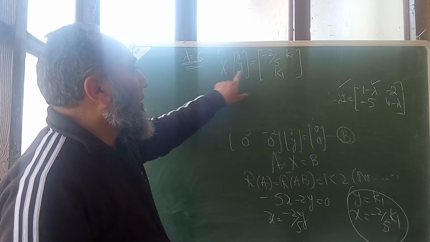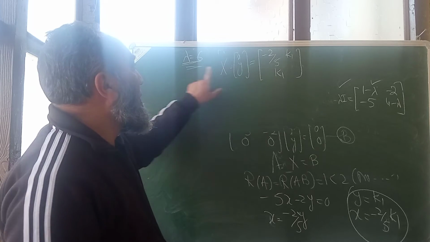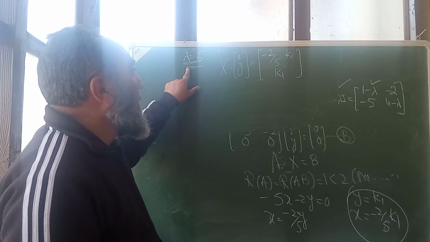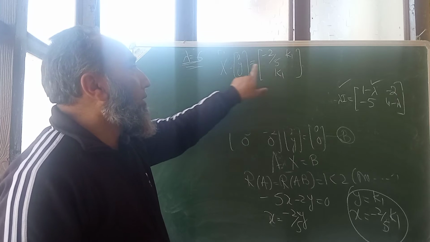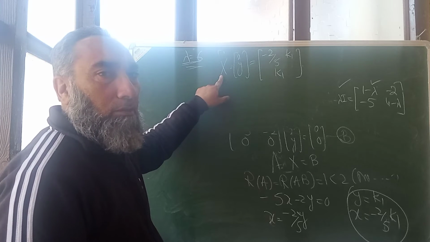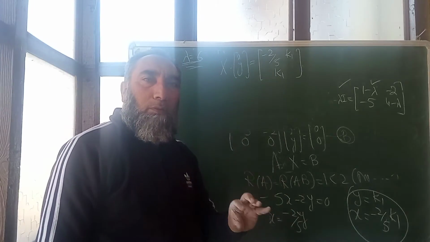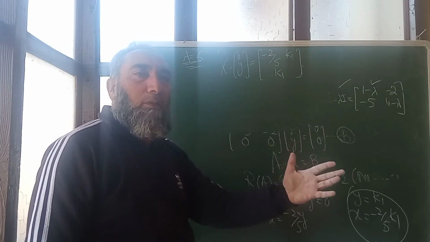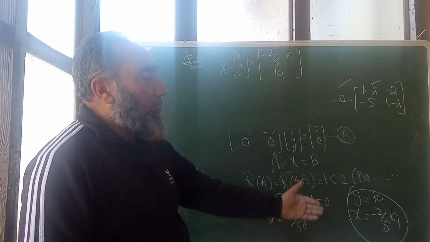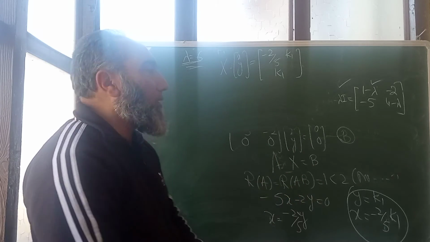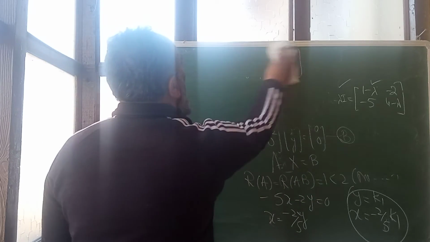Different values of k1 will give us different values of this eigenvector. Okay, this is it. You have to find the eigenvalues, and then corresponding to each eigenvalue you will have eigenvectors also. Fine. Next, let me take the next example.